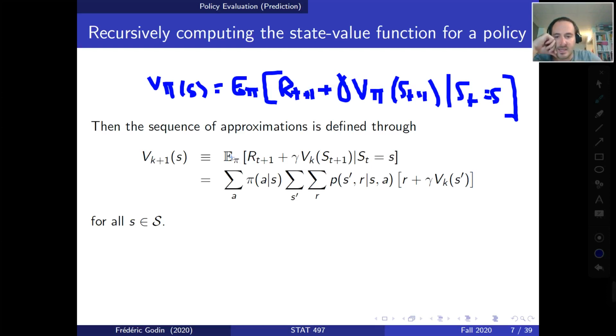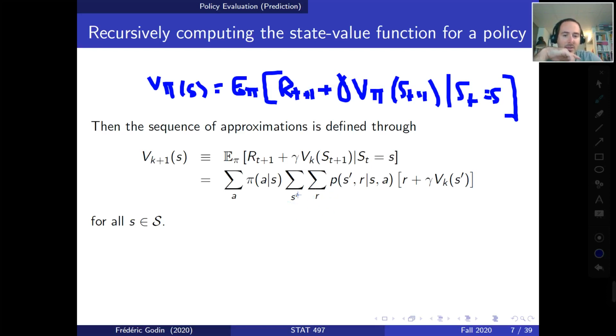And in this expectation, what are the unknowns? It's the reward and the next state, or the successor state. So how do you express this expectation? Well, when you're in state s, first you select an action, so you have to sum over all actions and take their respective probabilities given you're in state s. Then once you take an action, you end up with a random successor state and a random reward.